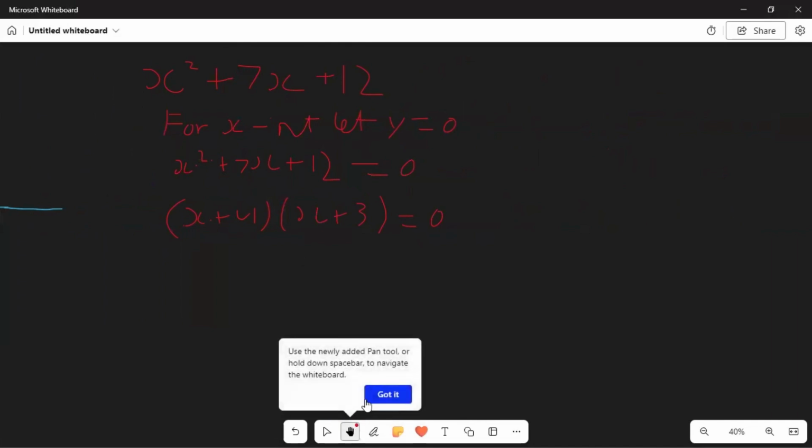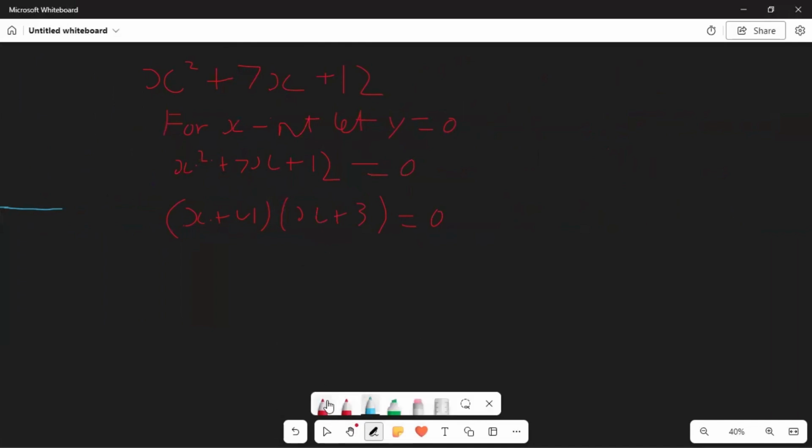So from this point on, we can use the null factor theorem. The null factor theorem states that if I have two terms multiplying, a times b equals zero, one of these has to be zero. There's no way we can have two things multiplying to equal zero without one of them being zero.